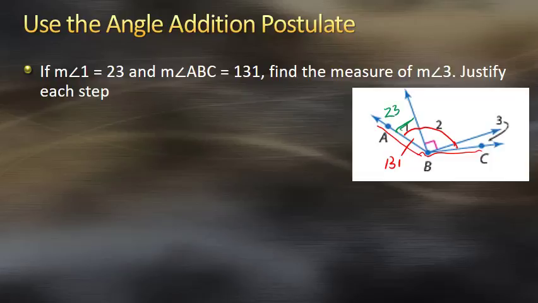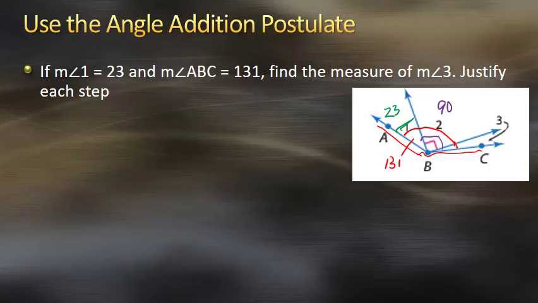And we're not explicitly told this, but if I look at this little box right there, that tells me that angle 2 is 90. And so now I've got to find angle 3. I know the larger angle, ABC. I know two of the interior angles. And so finding the measure of angle 3 is really not going to be that difficult.